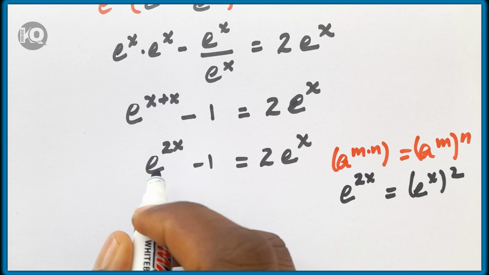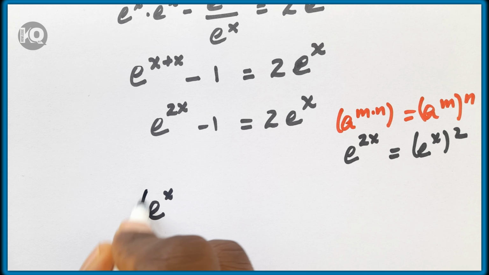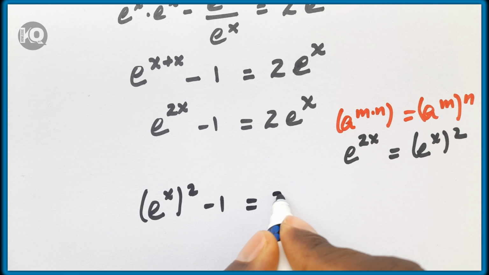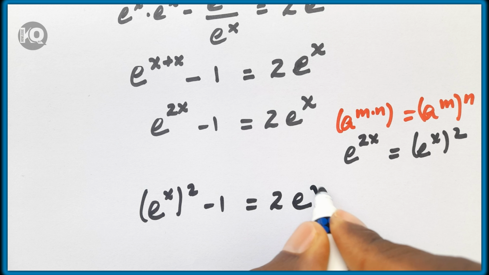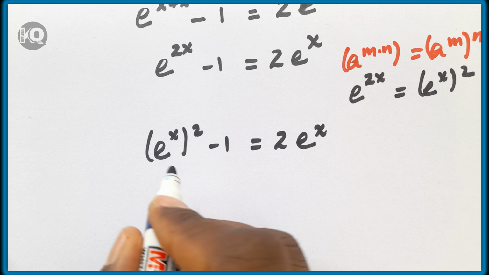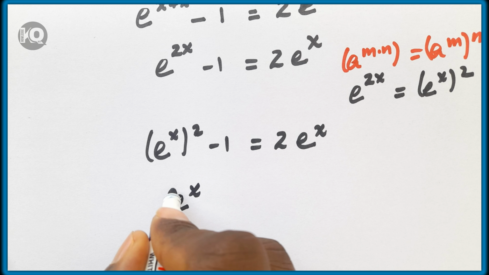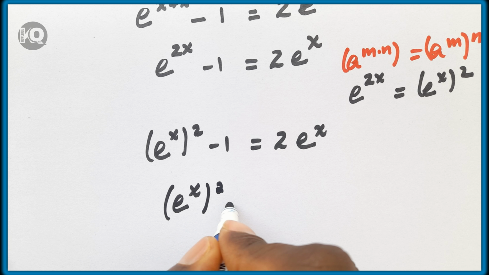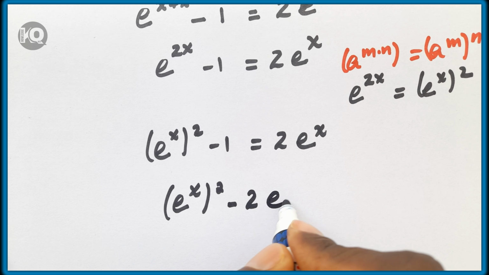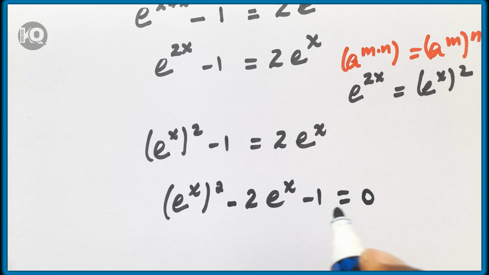So e to the power of x squared minus 1 is equal to 2 times e to the power of x. Let's rearrange this equation. It will be e to the power of x squared minus 2 e to the power of x minus 1, which is equal to 0.